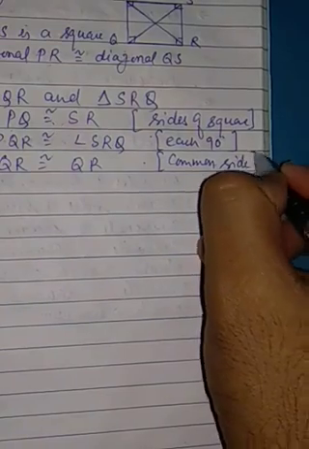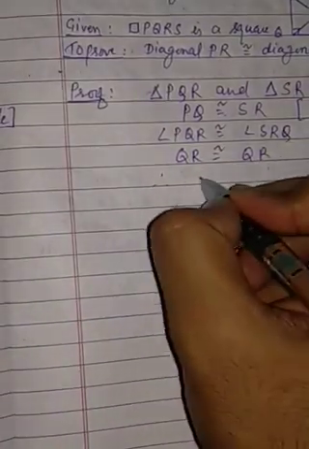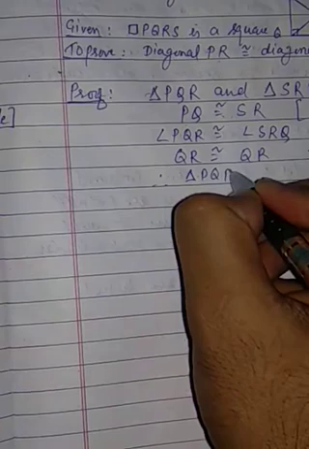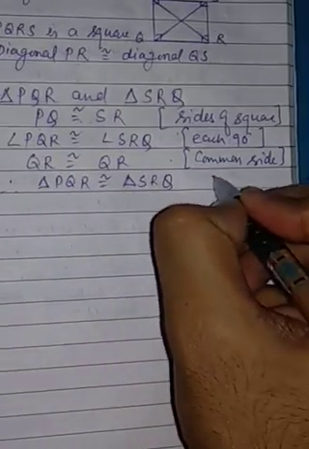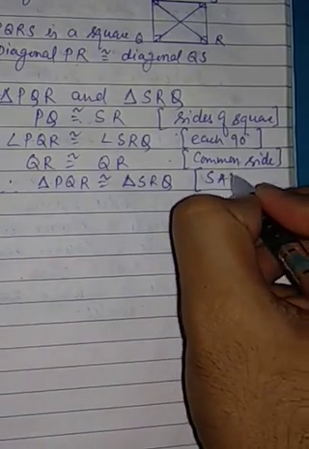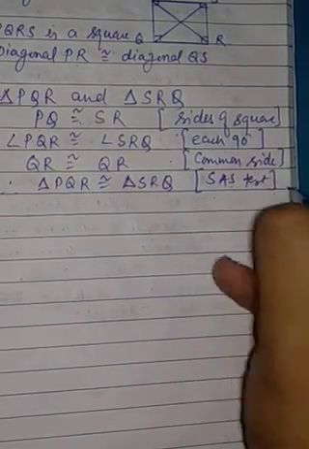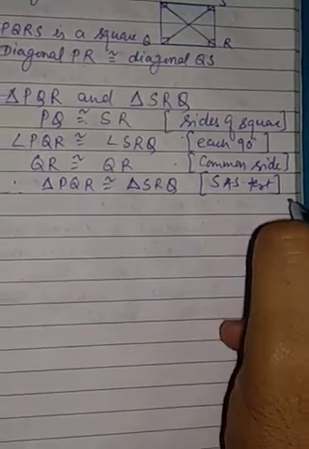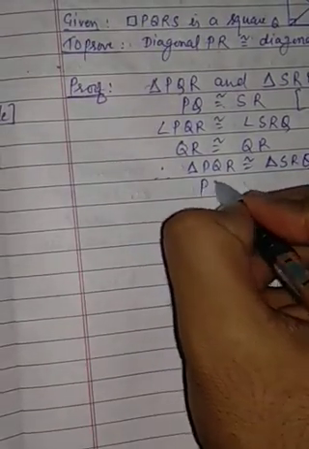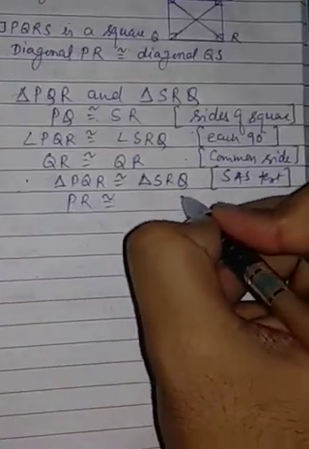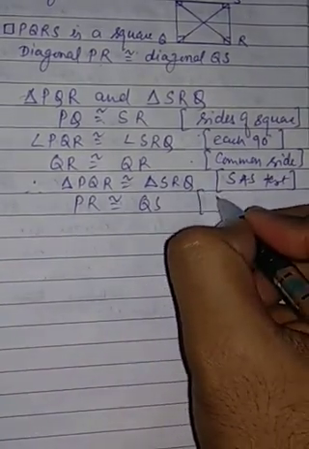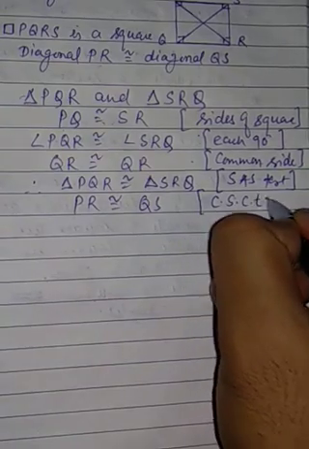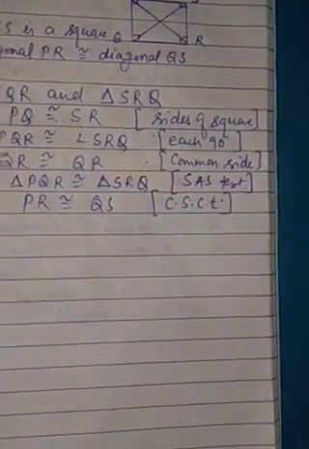Okay, so now we can write here triangle PQR is congruent to triangle SRQ, and reason we will write here SAS test. Okay, so if triangles are congruent, then we can write here PR is congruent to QS. Okay, which is our required data. Reason you will mention here CSCT, that means corresponding sides of congruent triangles.